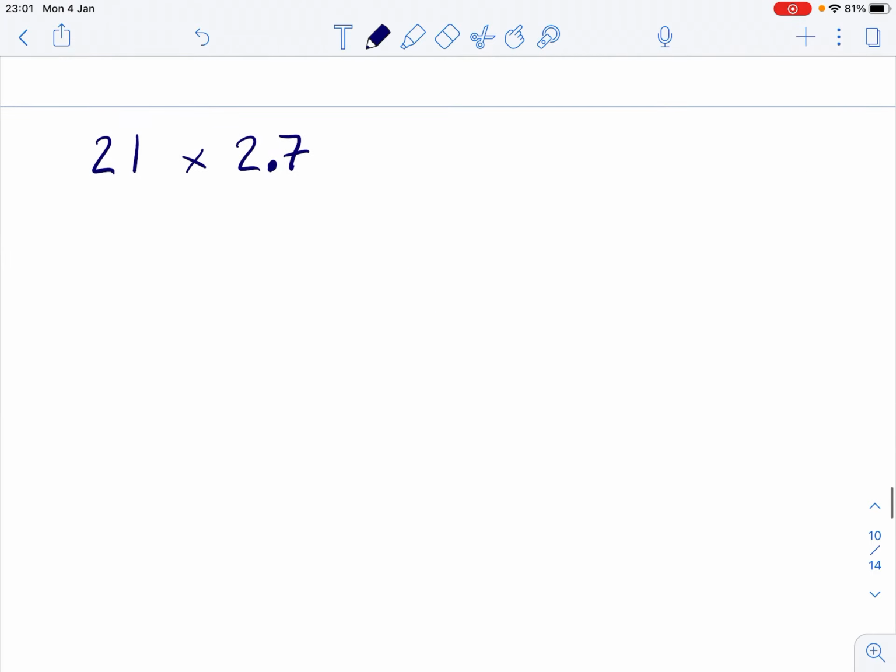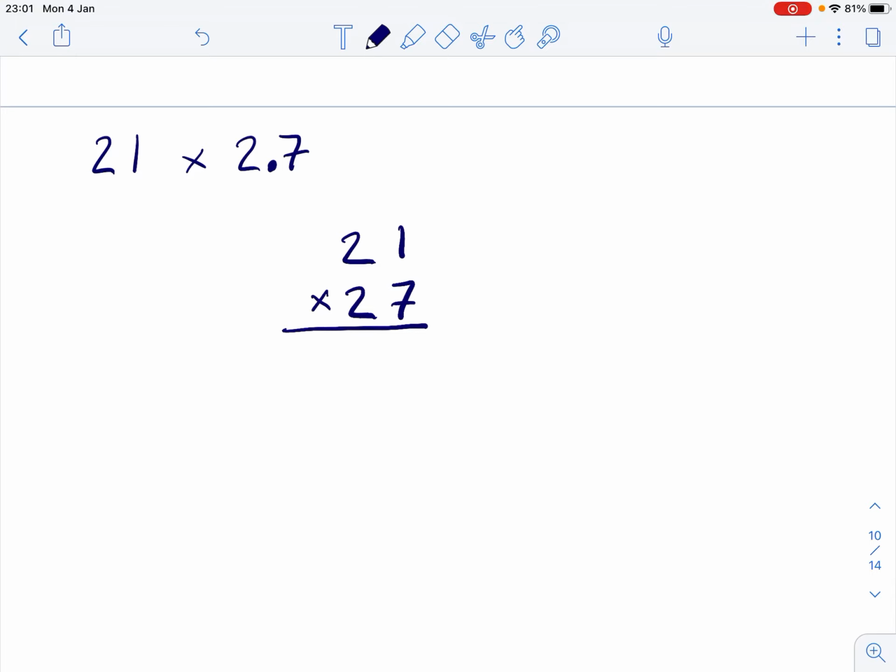So here we've got 21 times 2.7. So step 1, I'm just going to think about this as 21 times 27. Okay, and I like to use the traditional long multiplication method, but other methods are available.